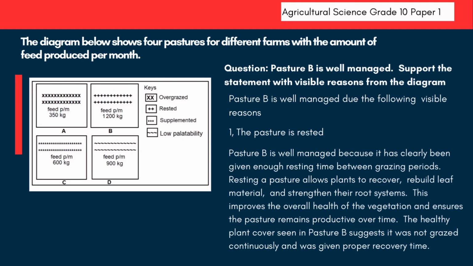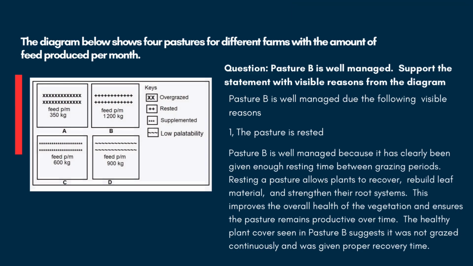Resting a pasture allows plants to recover, rebuild leaf material, and strengthen their root systems. This improves the overall health of the vegetation and ensures the pasture remains productive over time. The healthy plant cover seen in pasture B suggests it was not grazed continuously and was given proper recovery time.